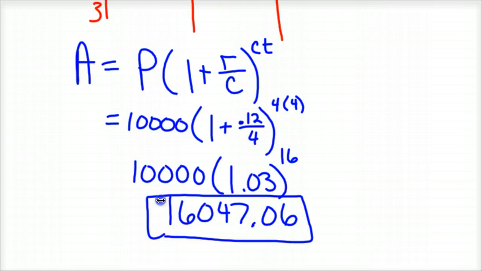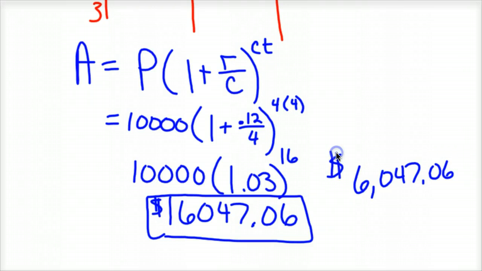So now we're up to, by compounding it quarterly, keeping everything else the same, but just changing our compounds to 4 times a year rather than once a year, now we're up to $6,047.06 worth of interest. So it makes a lot of difference how often you compound it. So imagine compounding it weekly. So weekly, there's 52 weeks in a year.